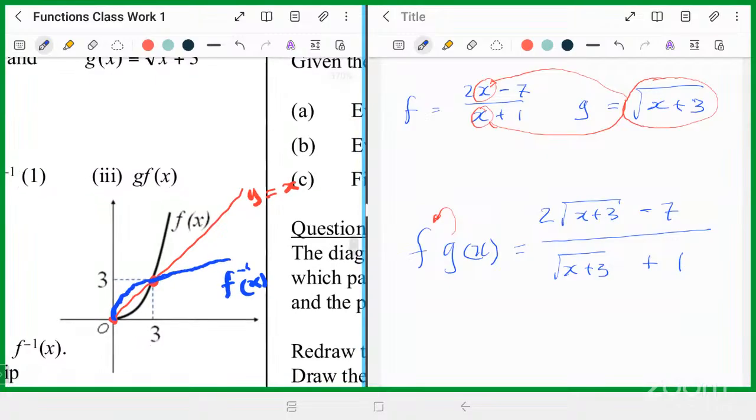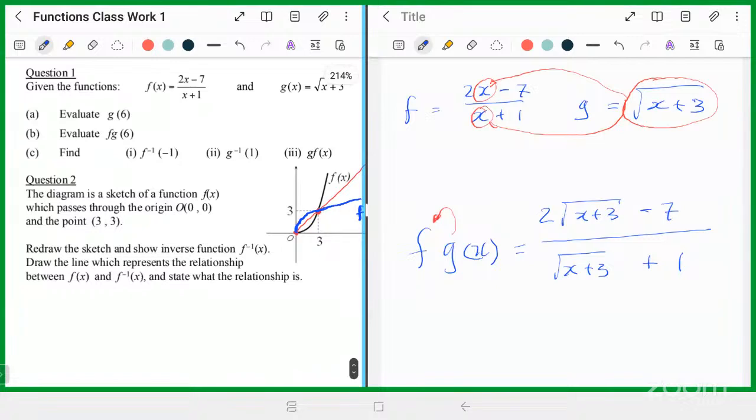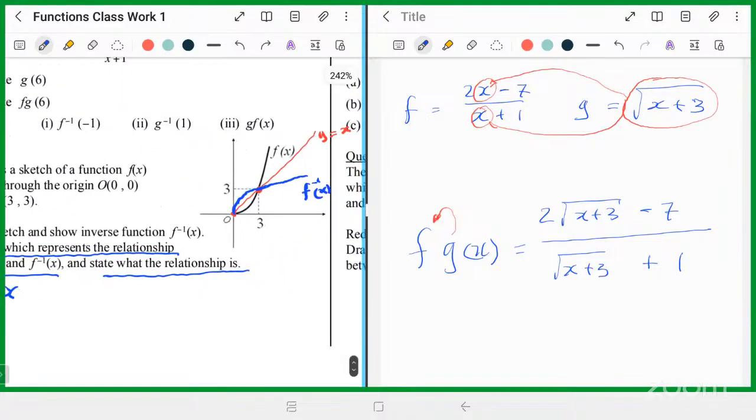The question went on to ask us to state what the relationship is. So we have to draw the line that represents the relationship between them. That's the line y equals x that I've drawn in red. And then we have to state the relationship. As shown on the graph, the function and inverse are reflections of each other.